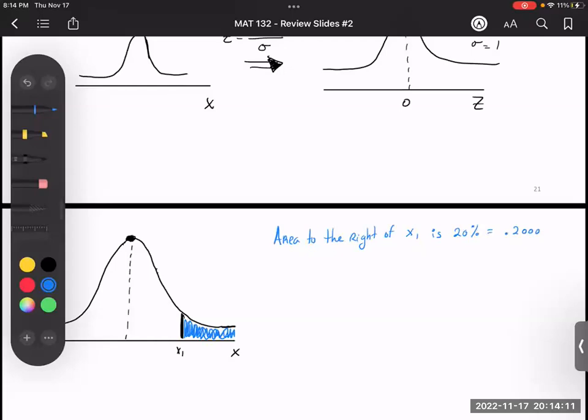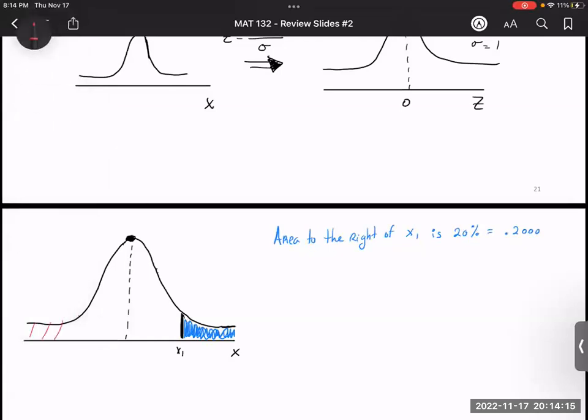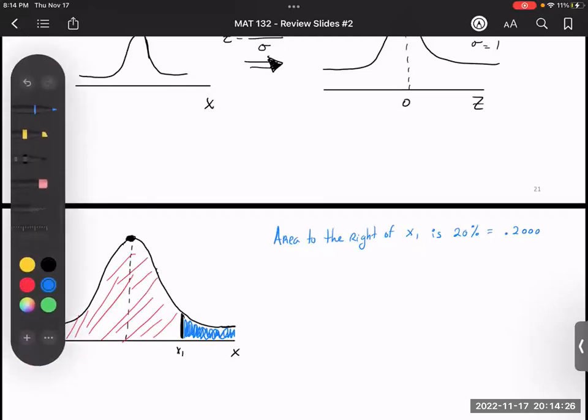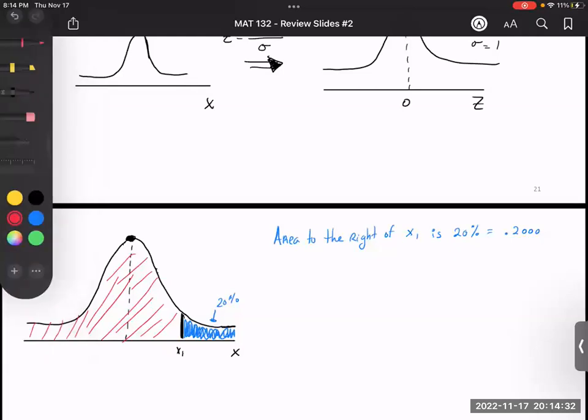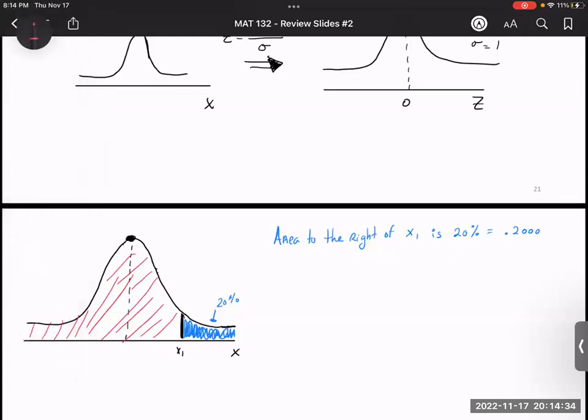Okay, if the area to the right of x1 is 20%, then what do you think will be the area to the left of x1, which I now shade in red? If area to the right was 0.2 or 20%, then what would be the area to its left? Well, careful.